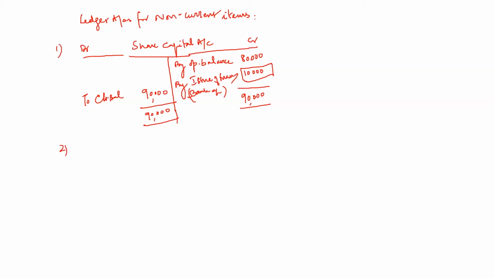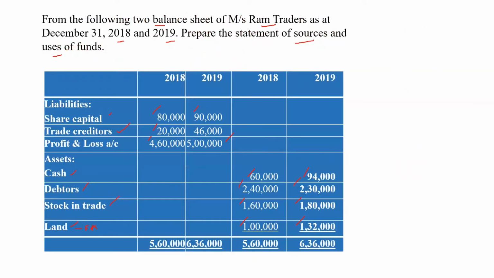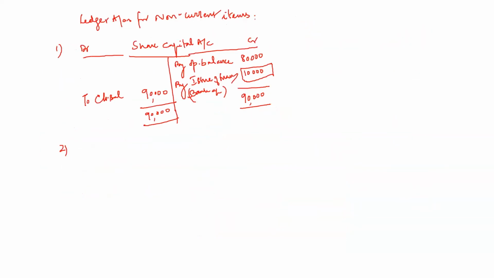Then second ledger for the profit and loss account. So there is profit increased by rupees 40,000. So when you prepare ledger for P&L account, by opening balance, 4,60,000 and closing balance 5 lakhs.